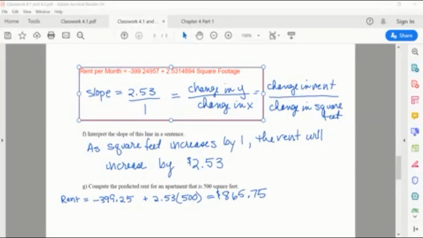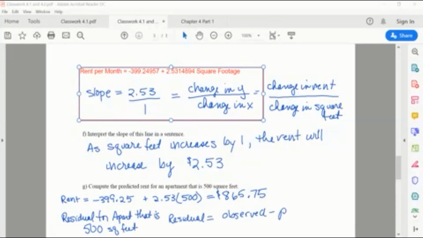And the last question asked you for the residual for the apartment that is 500 square feet. Now we know the residual is the observed minus predicted.